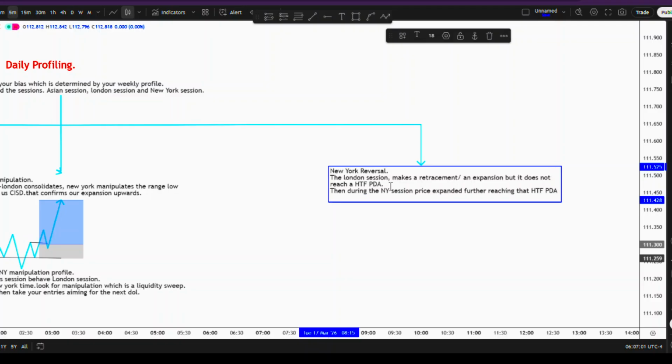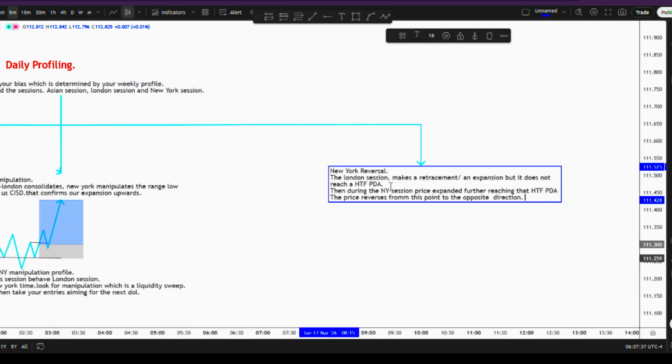After that, after price has reached this higher time frame PDRA, price reverses from this point to the opposite direction, or to the opposing direction.